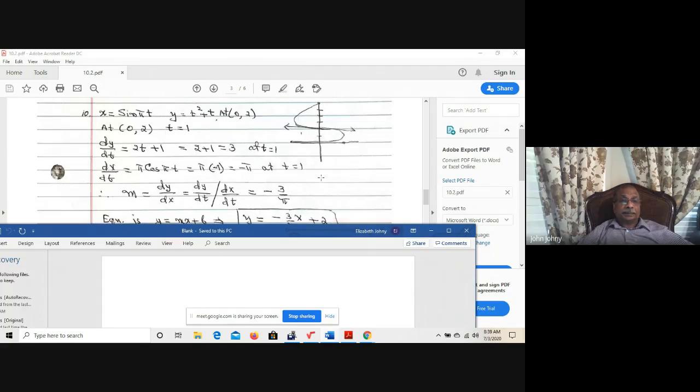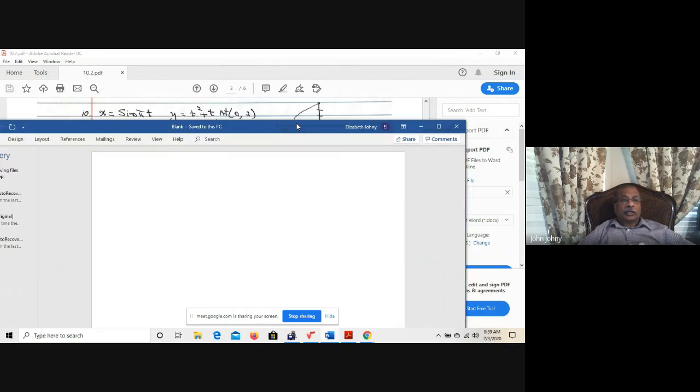Number 10. x is equal to sin(πt), y is equal to t² plus t at (0, 2).